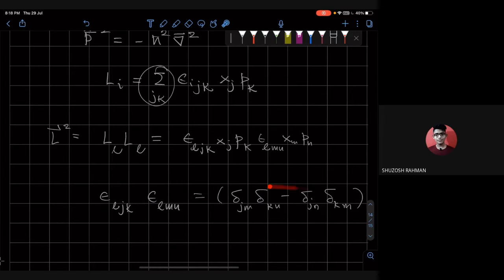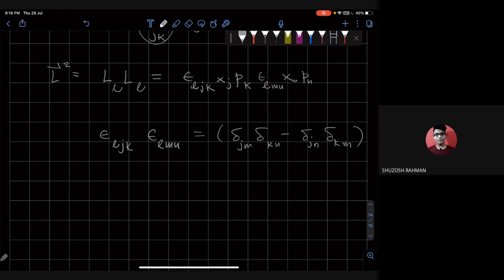So this is a very important identity that one uses a lot. I'm going to use this here and expand this in terms of Kronecker deltas. So what do I get? I get L squared is equal to delta_jm delta_kn minus delta_jn delta_km.